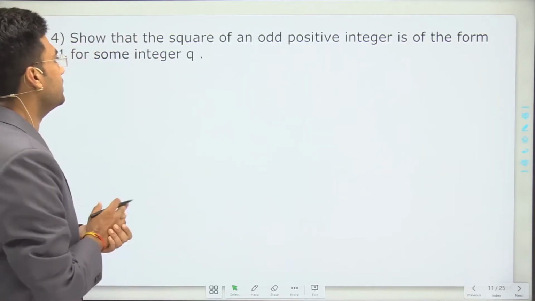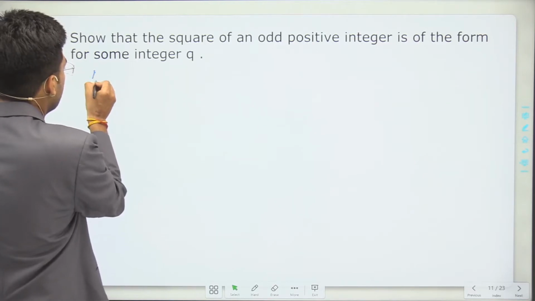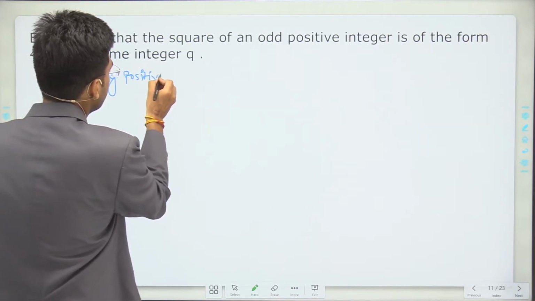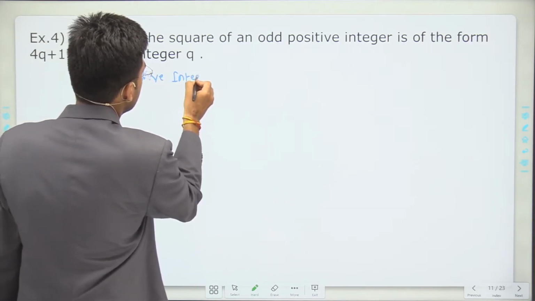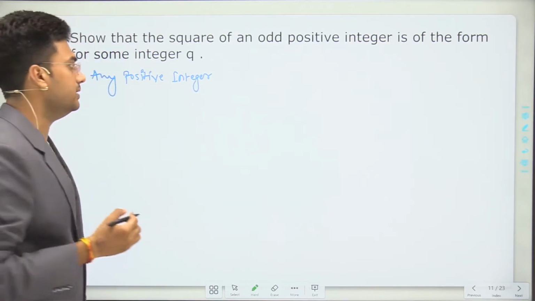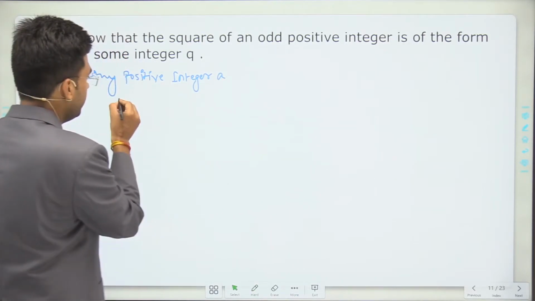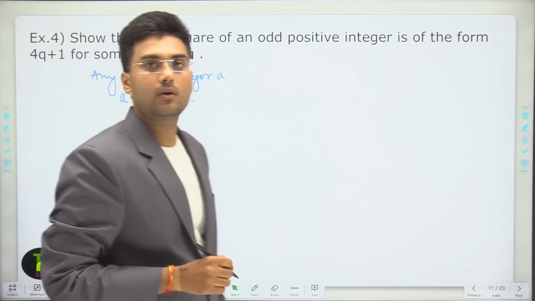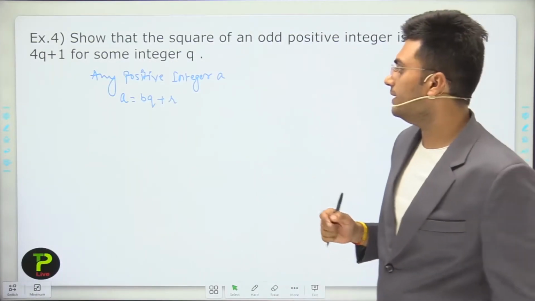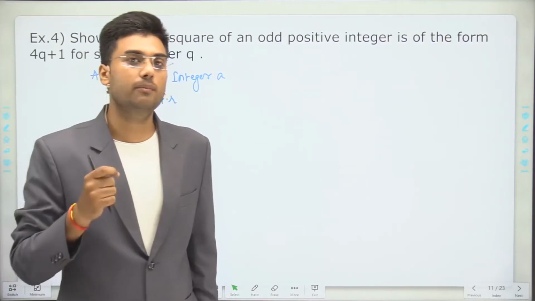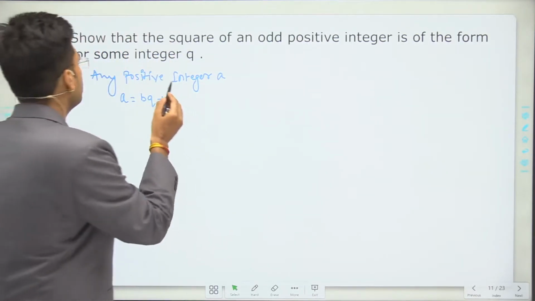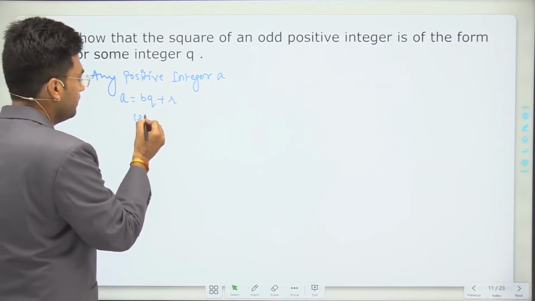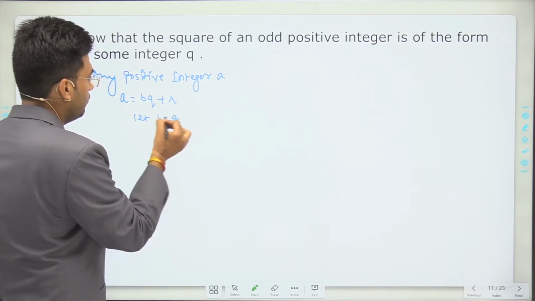Now let's start this question. First of all, any positive integer a can be written in the form a is equal to bq plus r. Okay, now students, the most important thing is that we have to choose the value of b. Now in the question it is given 4q plus 1, so let us choose b is equal to 4.